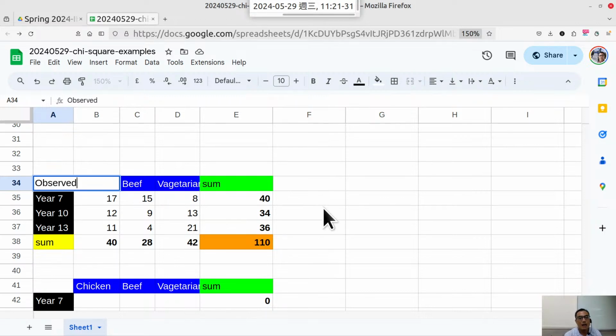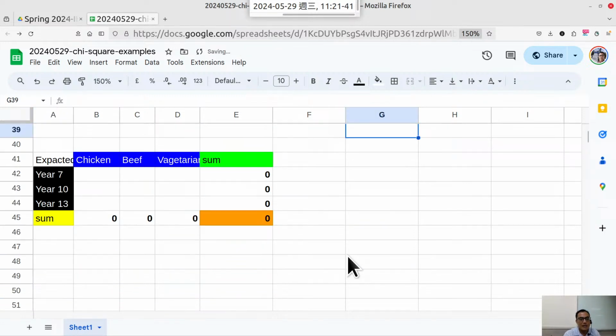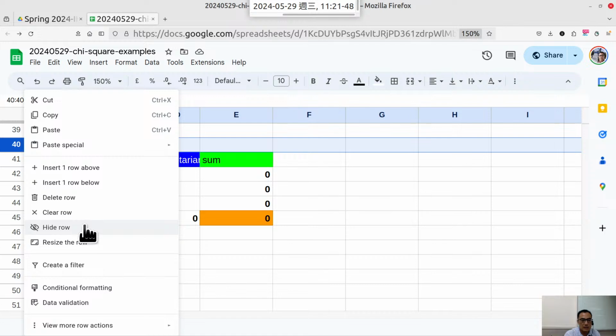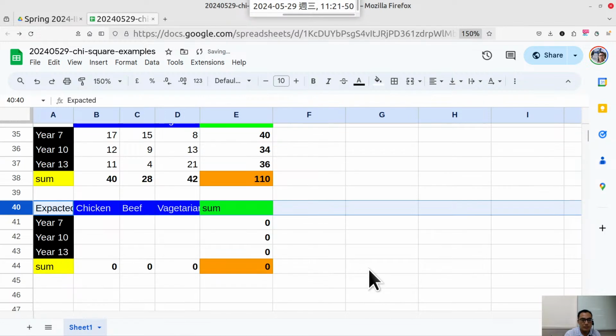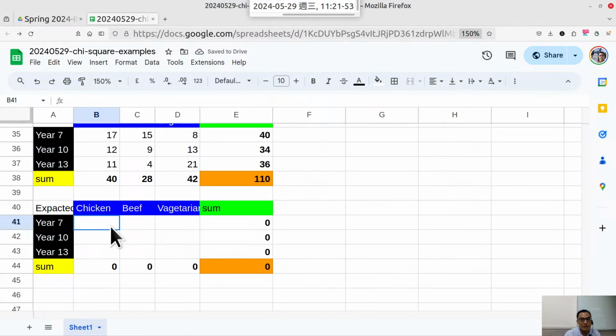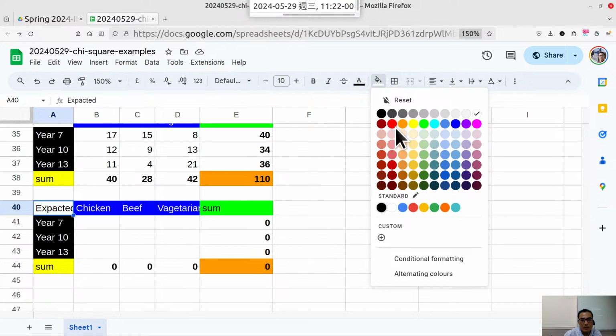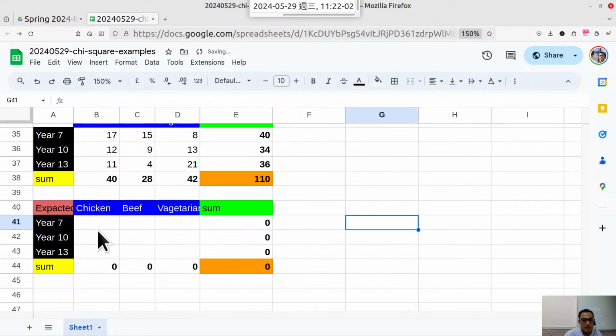Observed. Okay, and now we are going to calculate. This step is different from the throwing a dice. Expected. Okay, now let me have here. Click here. The step is a little different. Click here and click equal.